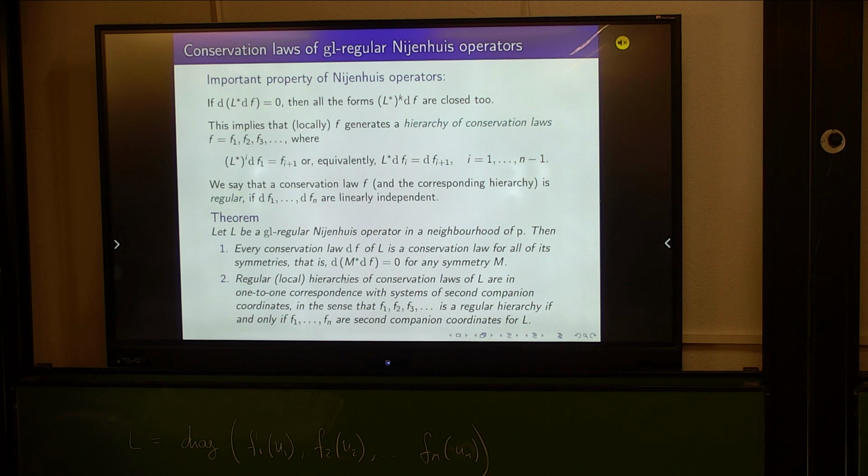And the regular hierarchies of conservation laws are in one-to-one correspondence with the systems of second companion coordinates, in the sense that a hierarchy is regular if and only if the first elements of this hierarchy are exactly second companion coordinates for L. And this shows that first and second companion forms are indeed very important, because they are closely related to at least the symmetries and conservation laws.